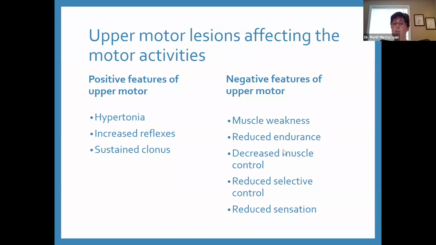Often these features are on the decreased side and will impact the abilities. They have to be integrated in our treatment of hypertonia. It's not a standalone to address the hypertonia without taking all of these elements into consideration. But for the first half of my talk, I will focus on the hypertonia.